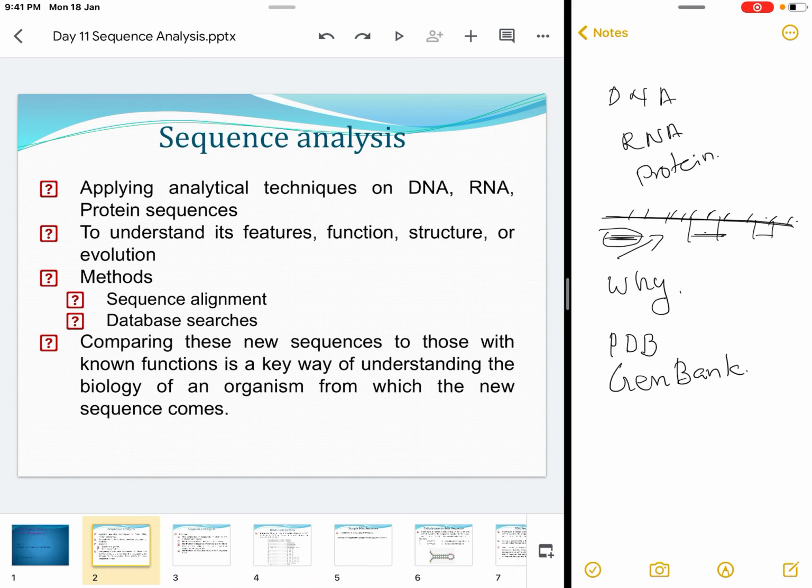Comparing any new sequence to those with known functions is a key way of understanding the biology of an organism. And we must find out from which organism the new sequence has been derived.